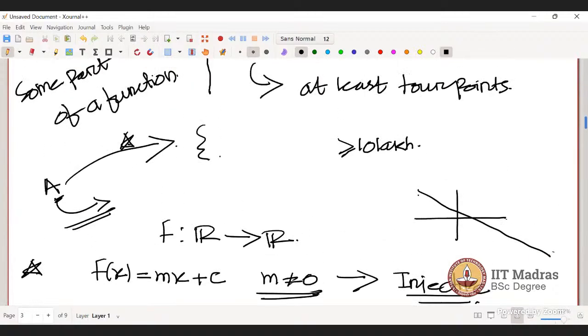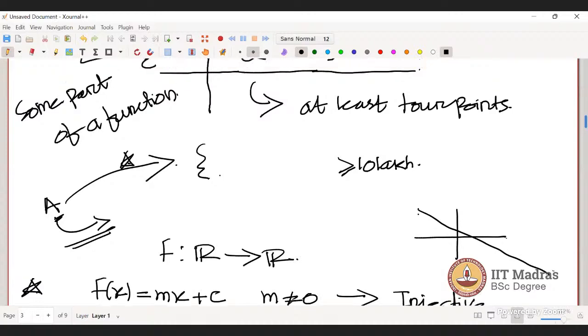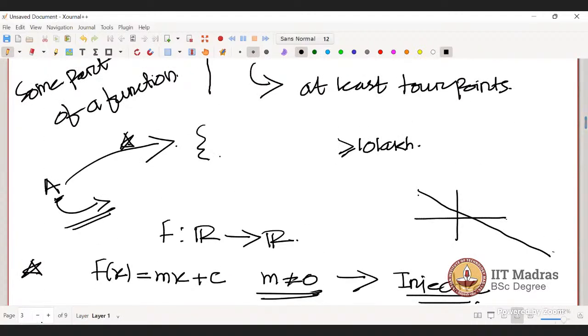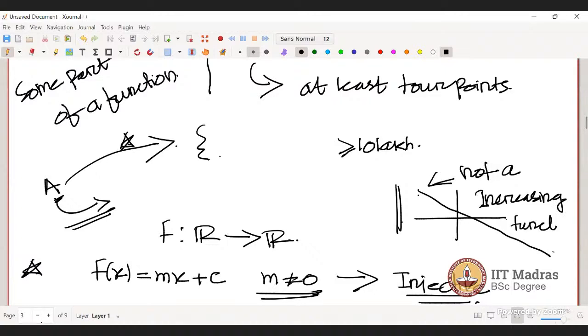Beside that, we drew a negative slope line. I am saying this is not an increasing function, and this is 1-1, right? Yes, 1-1. And certainly it's taking negative values. So taking negative values, taking 0, has nothing to do with the injectivity of a function.